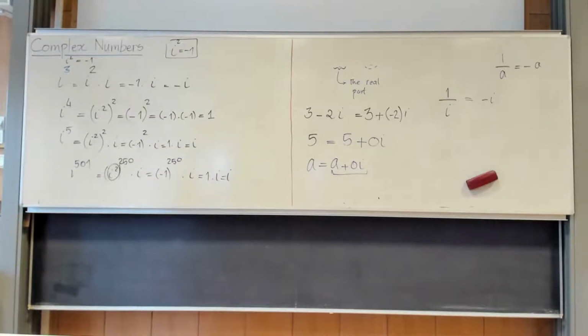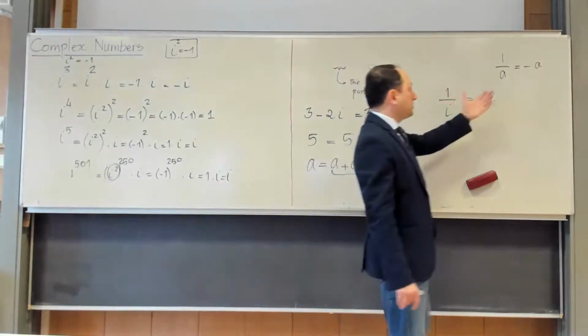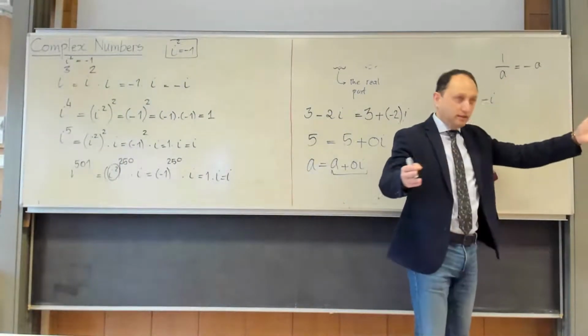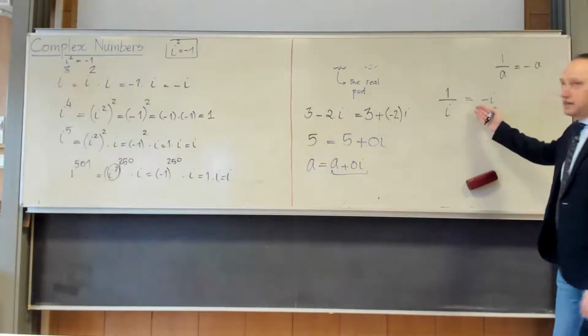Why do you think 1 over i should be equal to its negative? So do you see, this is inevitable. This is a consequence of the game coming in. So that's the problem. As long as you don't get any inconsistencies, this system mathematically works. So I cannot avoid that.